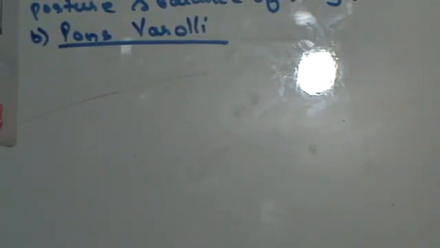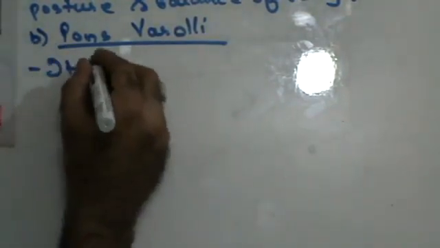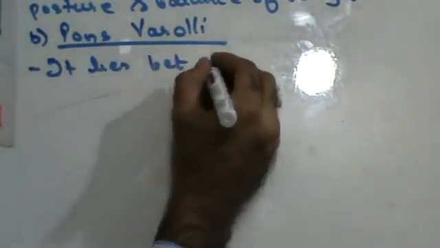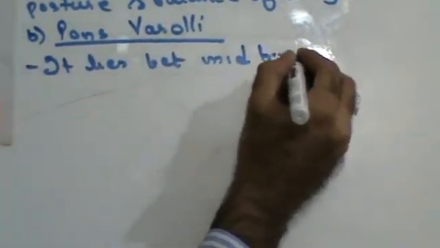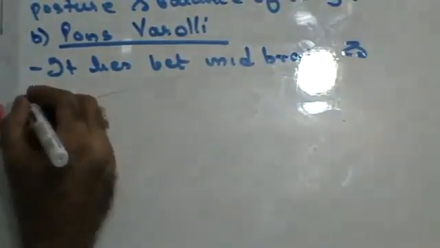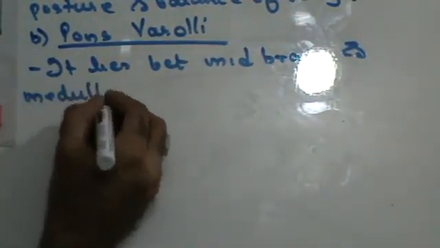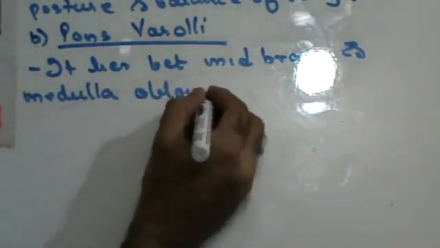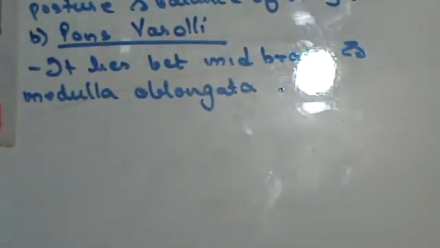Now what is pons varolii? It lies between the midbrain and the medulla oblongata. So that's its position.